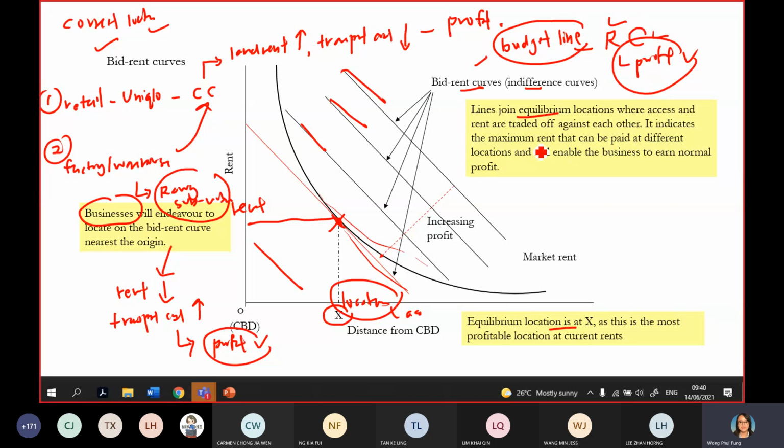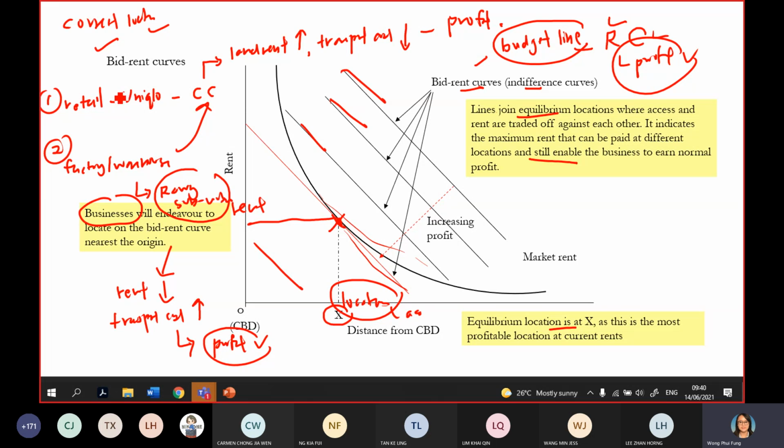So it indicates the maximum rental that can be paid at different locations and still enable the business to earn normal profit. So although the factory is located very far away, they need the space, the bigger area, so that they can earn more profit to cover the cost.